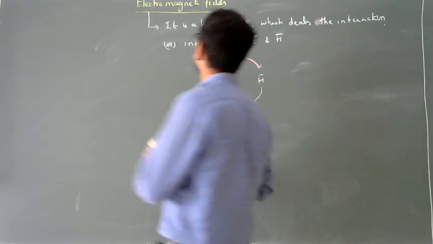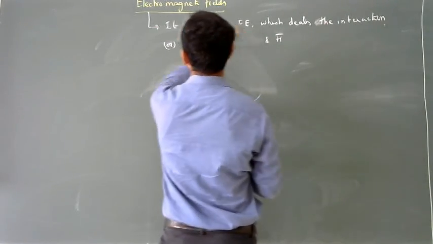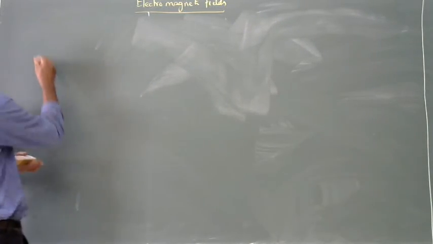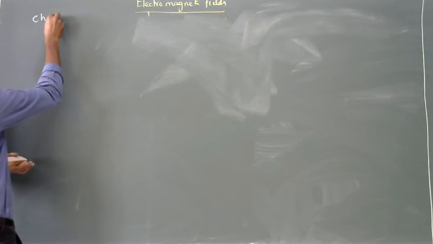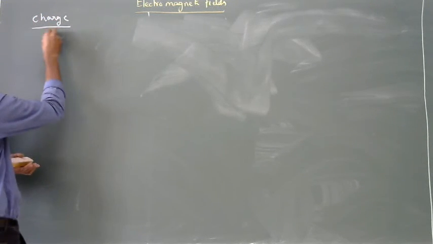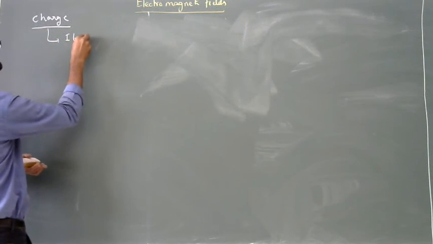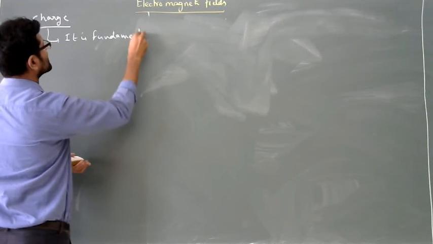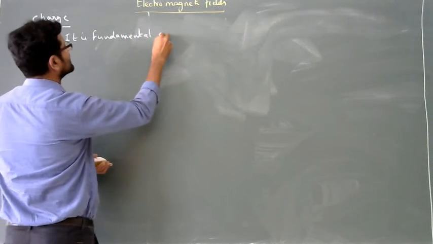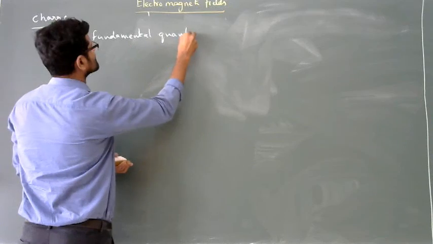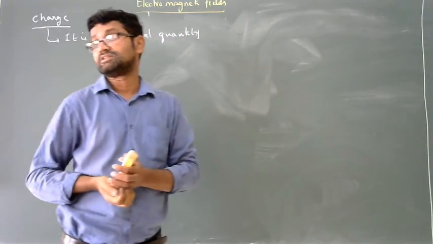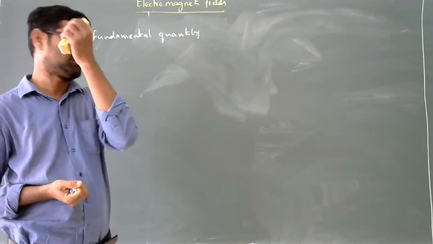Before entering into this subject, we have to know some basic definitions related to it. The first definition is charge. Charge is a fundamental quantity. We already know charge neither creates nor destroys; one form of charge is also called neutral.